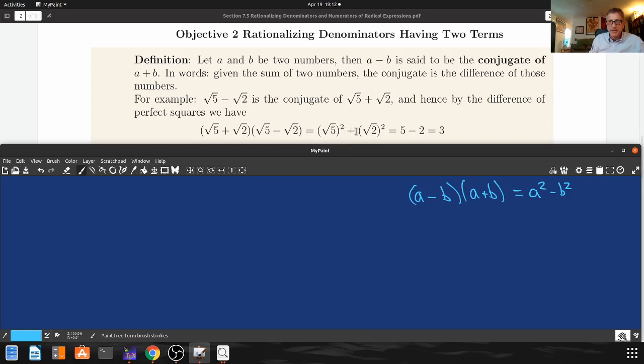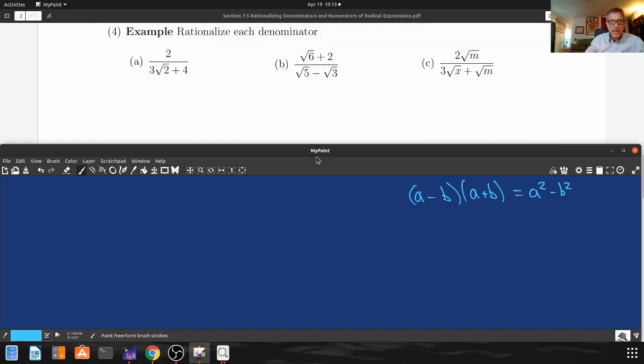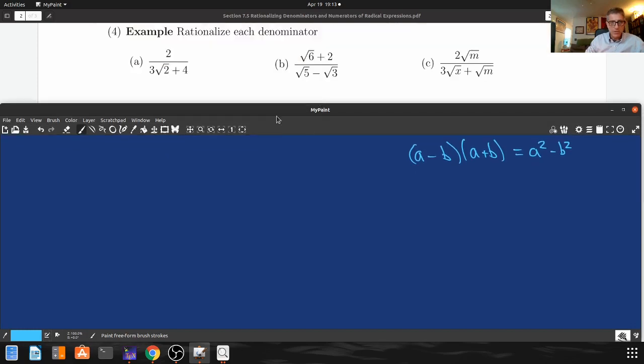That's a typo right there. Sorry, people. I'm just now noticing that. Minus the square root of 2 squared. So that's 5 minus 2, which is equal to 3. I will fix that and upload a new copy. So we're going to use that fact to rationalize denominators that are sums. So let's do 4a.